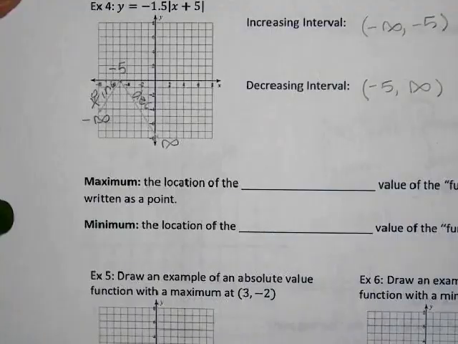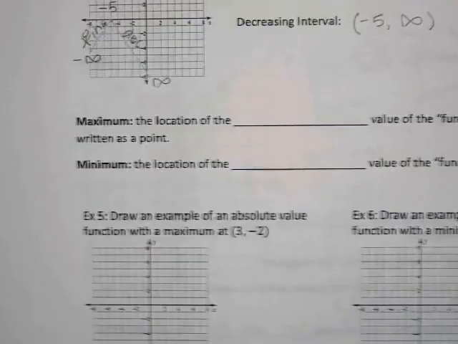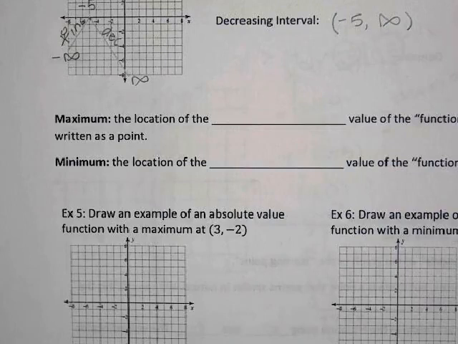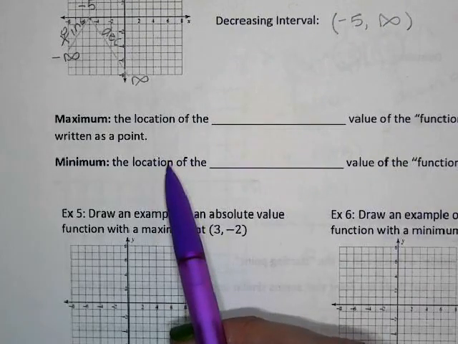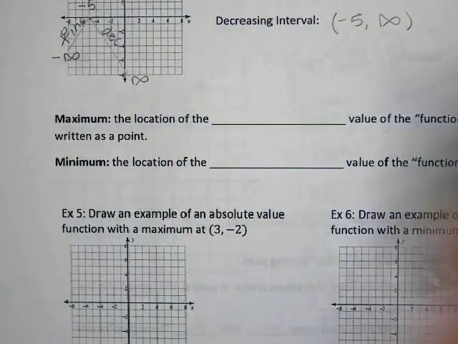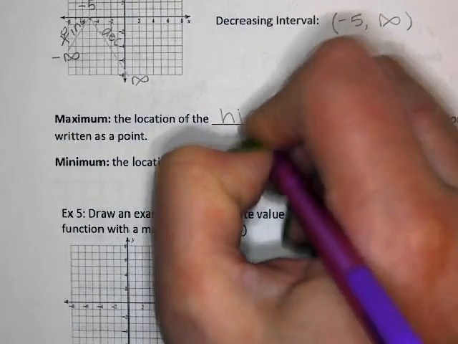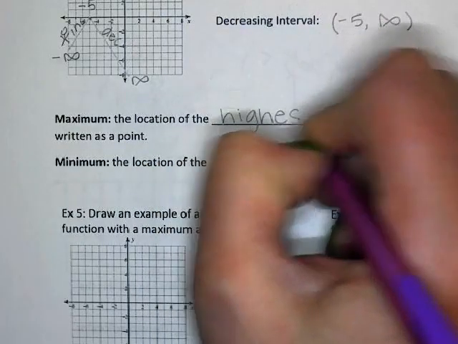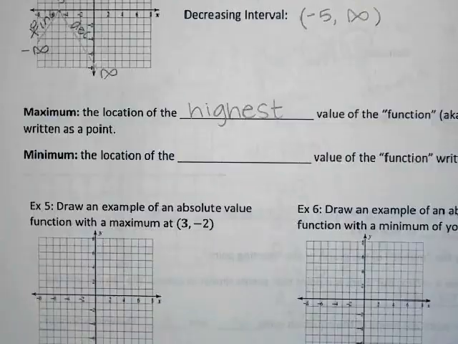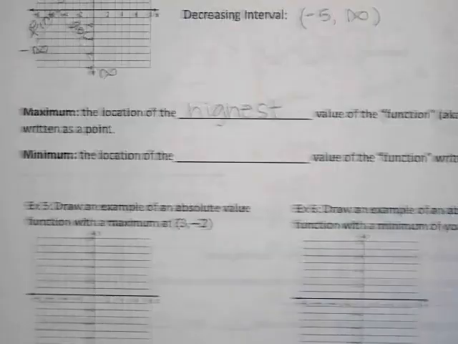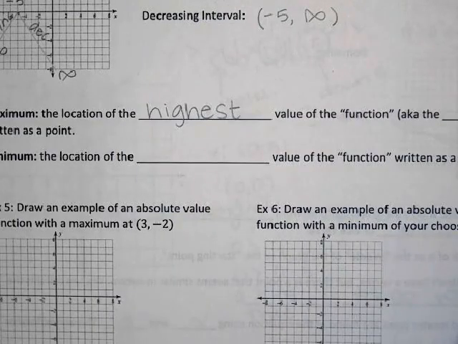The next two words that we're going to look at are maximum and minimum. So maximum is the location of the highest value of the function, aka the y. So the highest value that the function has, aka the biggest y value that you can see, and we write it as a point.